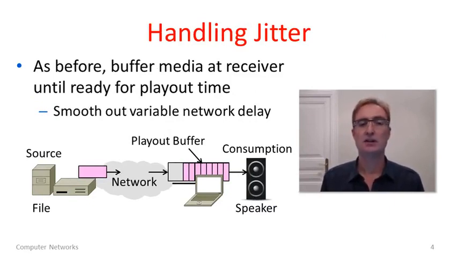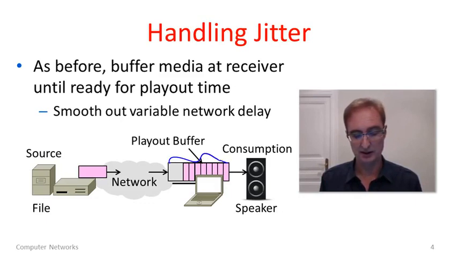As with the interactive case, the hardest thing to handle is really the delay. And here, the key component for us is not so much the delay, but the jitter. As in the interactive case with VoIP, the solution to handle the variation in the network delay is to use this playout buffer right here.